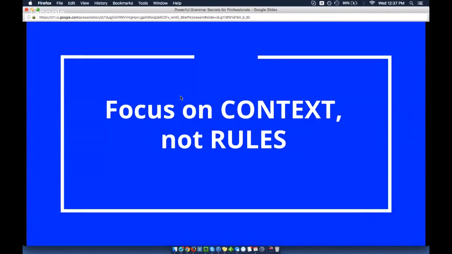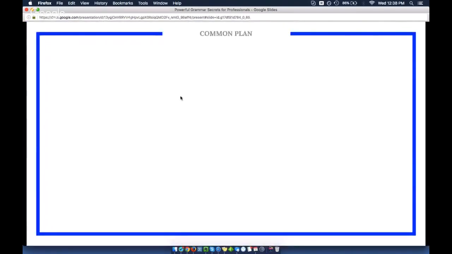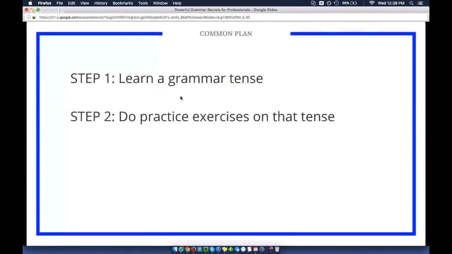All right, so now I'm going to show you a common plan. Those words are a little small on the top of the screen there, but this is a common plan for how students learn grammar in English. Step 1, you learn a grammar tense. You go over the rules, talk about ways that you use it. Step 2, you do practice exercises on that tense.